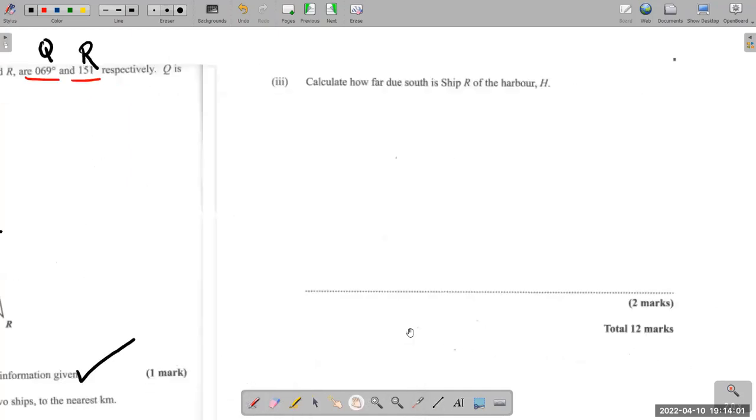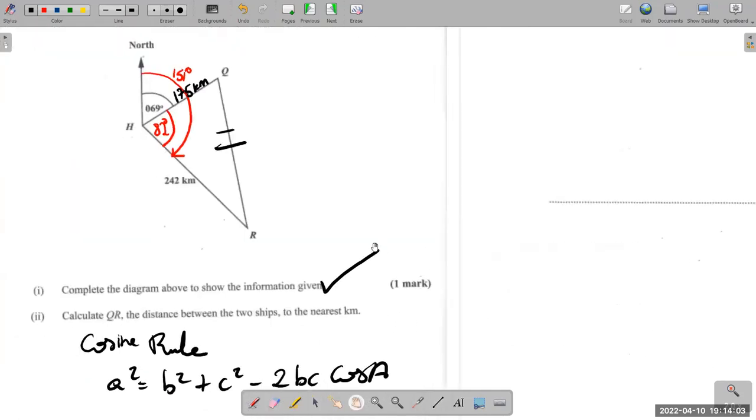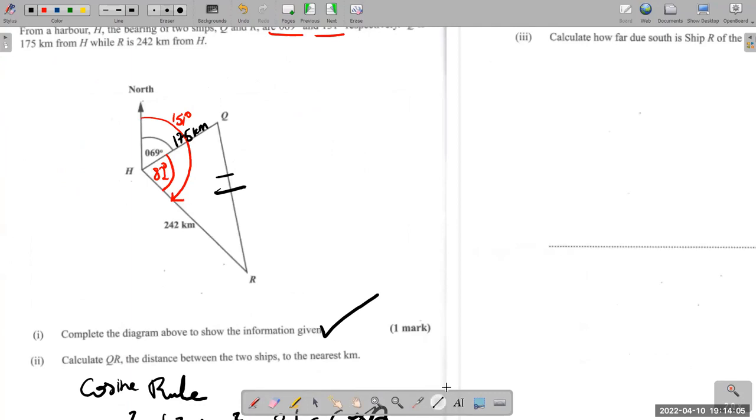Let me see how many marks this is. 2. Anybody realize what they're asking for? Look at this here. What does south mean? Anybody know what south means? South means how far down from H, that distance there. Now look at this. I'm going to use dotted lines for this.